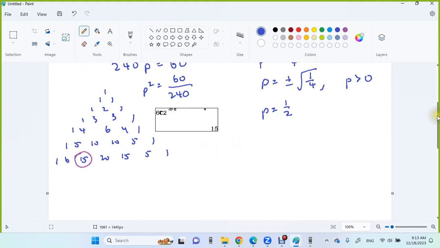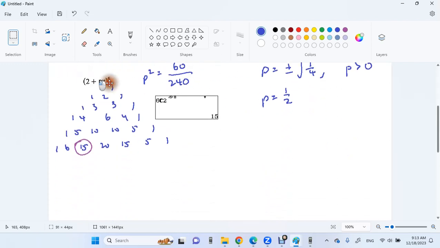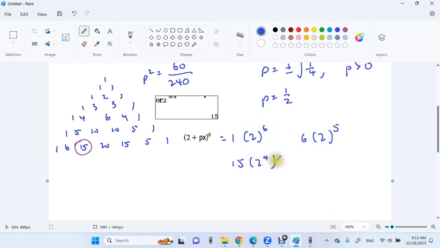So the expansion for (2 + px)^6, if we use the Pascal's triangle method, we have 1, 6, and 15, and then 2 power 6, 2 power 5, 2 power 4, and (px) power 0, (px) power 1, (px) power 2.